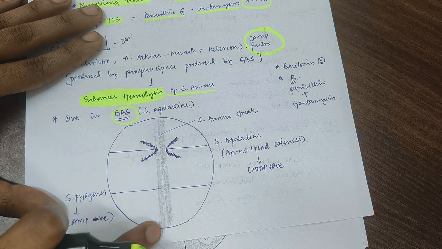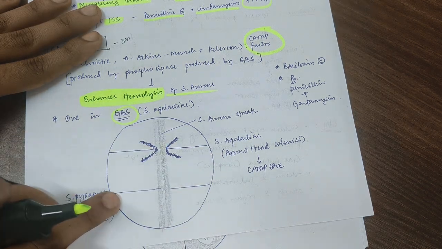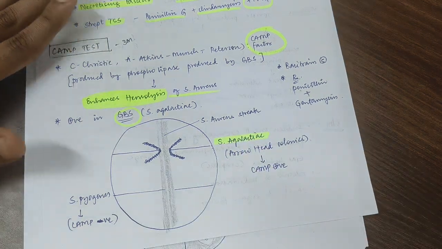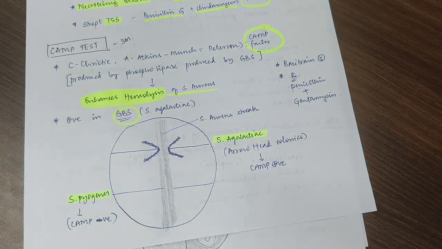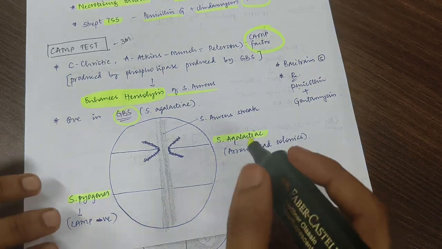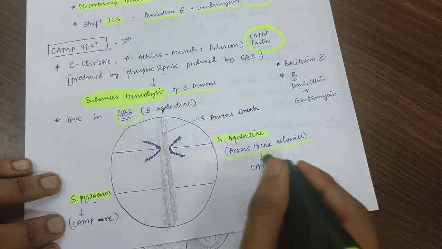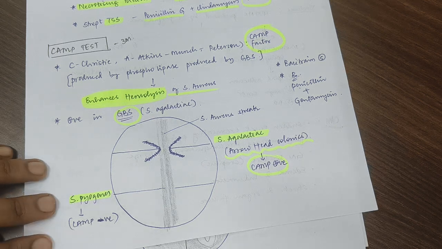What I mentioned here is Staph aureus. Perpendicular to that, you are going to streak, one is Streptococcus agalactiae, that is group B streptococcus. The other one is Streptococcus pyogenes, that is group A streptococcus. So the growth of Streptococcus agalactiae will lead to arrowhead hemolysis, that is CAMP test is positive in case of group B, whereas it is negative in case of group A.